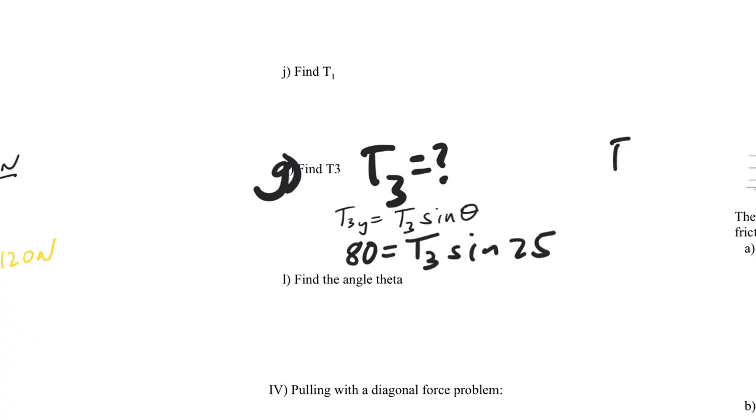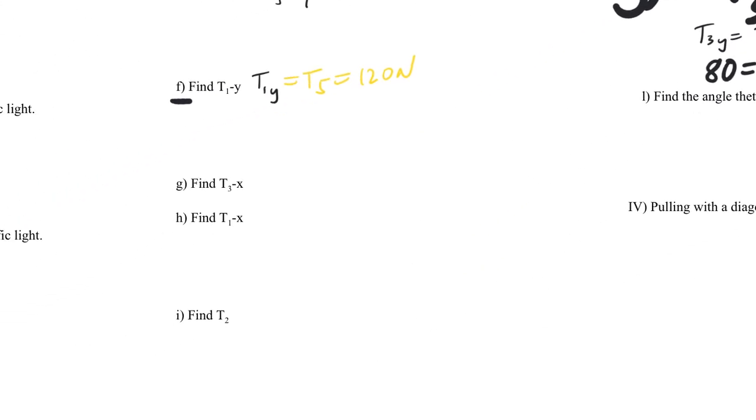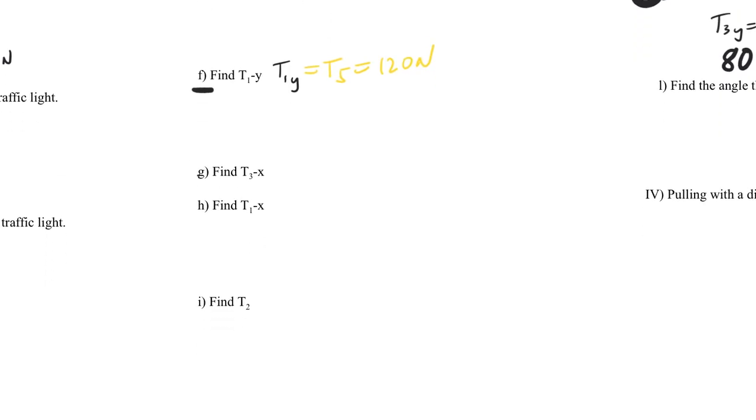So T3 equals 80 divided by sine of 25. So that comes out to be 189.2. So 189 newtons.